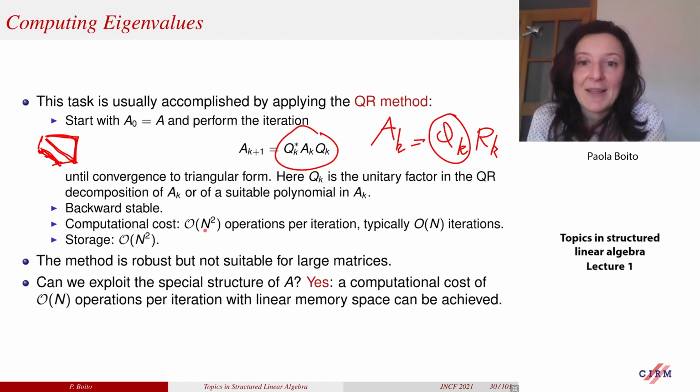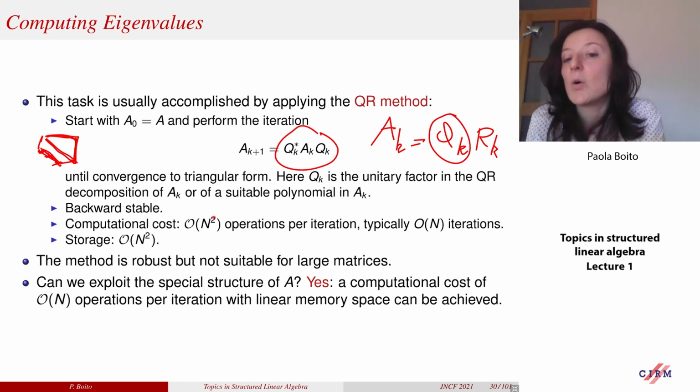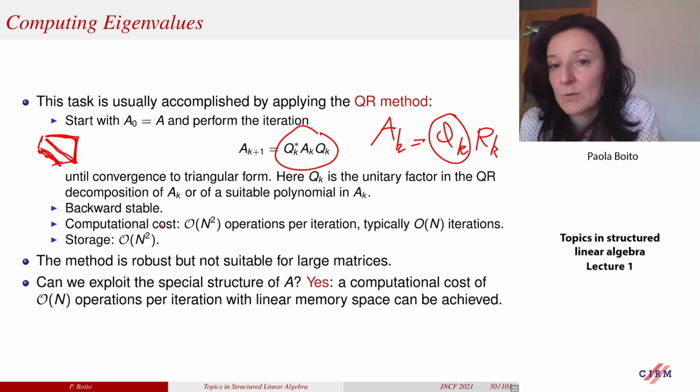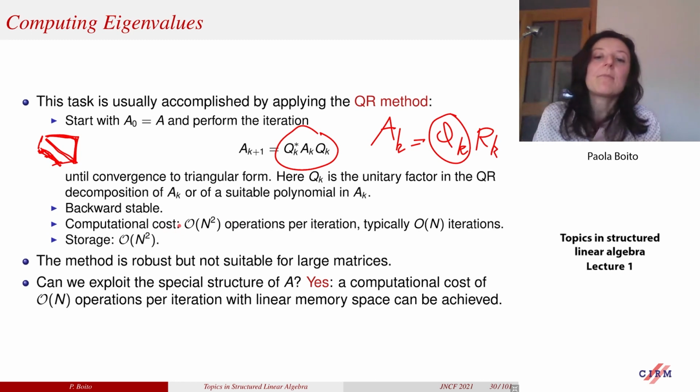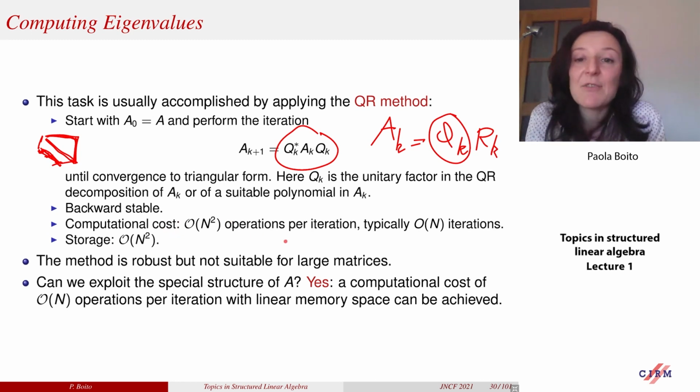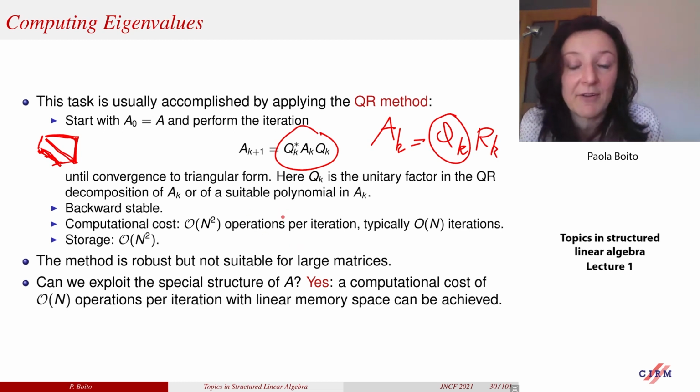Typically for a general matrix, the cost of this algorithm is O of n cubed, because it typically requires O of n iterations, and each iteration costs O of n squared operations, and storage is O of n squared. So if we have very large matrices, the cost of this algorithm can grow very fast.